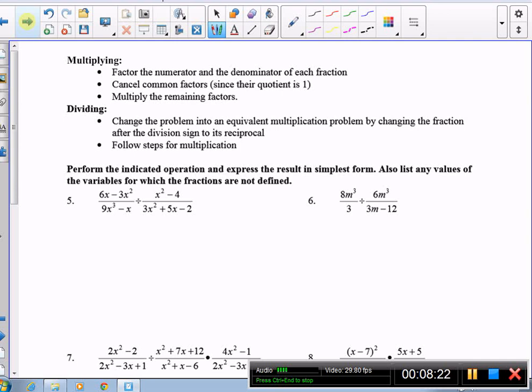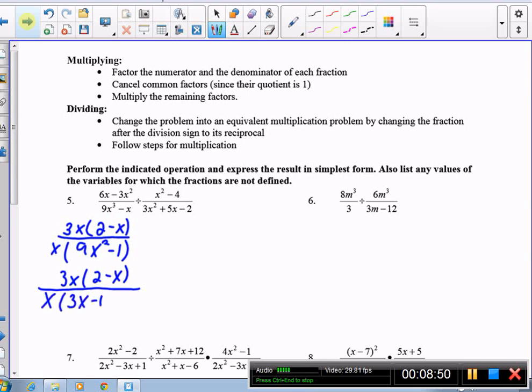When we factor this, it would be GCF 3x times 2 minus x, and then in the denominator it's x times 9x squared minus 1. I see some further factoring, so 3x, 2 minus x, and then a difference of perfect squares, 3x minus 1 and 3x plus 1.